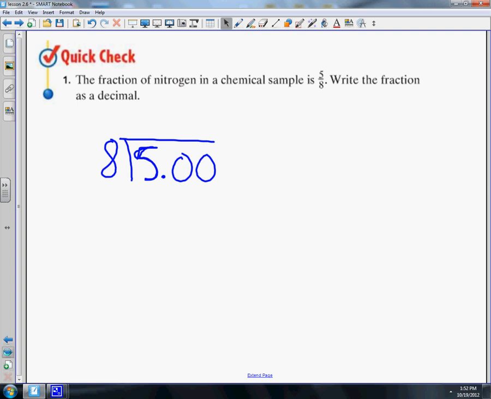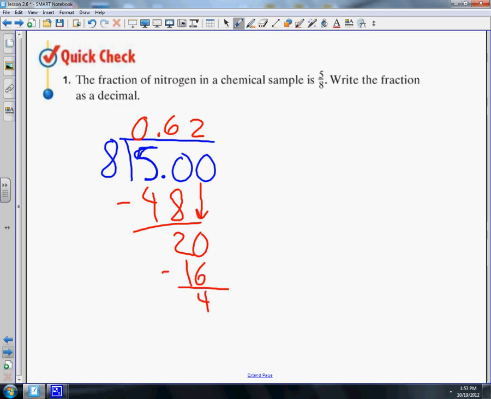Okay, now that we've got that set up, let's go. 8 divided into 5. Remember, 8 doesn't go into 5, so it goes in 0 times. 8 goes into 50 6 times. 6 times 8 is 48. Do some subtraction, left over 2, bring down a 0. 8 goes into 20 2 times. 2 times 8 is 16.